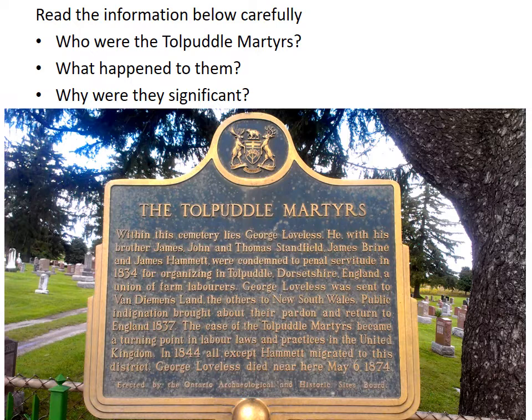Public indignation brought about their pardon and return to England, 1837. The case of the Tolpuddle Martyrs became a turning point in labour laws and practices in the United Kingdom. In 1844, all except Hammett migrated to this district. George Lovelace died near here on May the 6th, 1874. And if you want to know where they ended up, if you look at the small writing at the bottom, you'll see it says, erected by the Ontario Archaeological and Historic Sites Board.